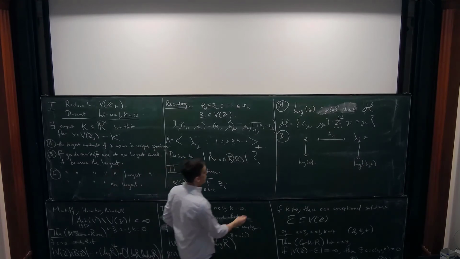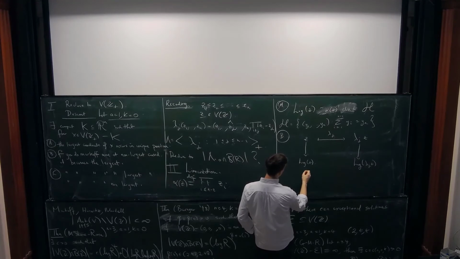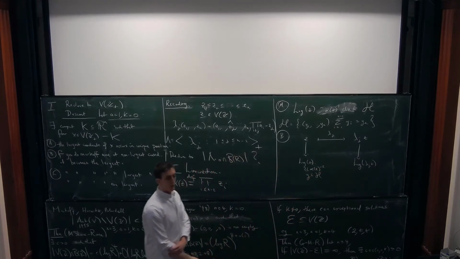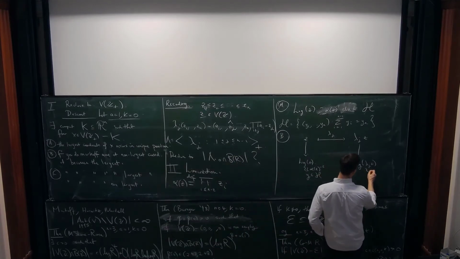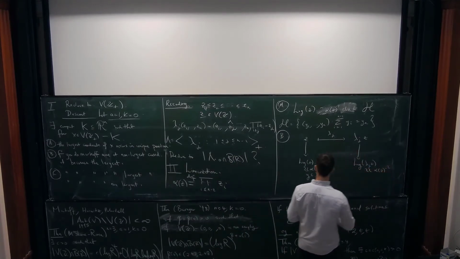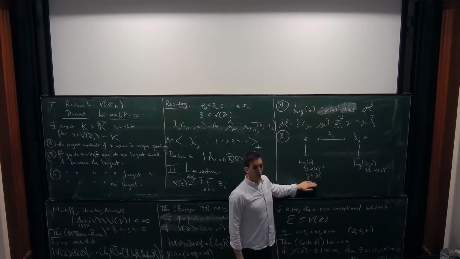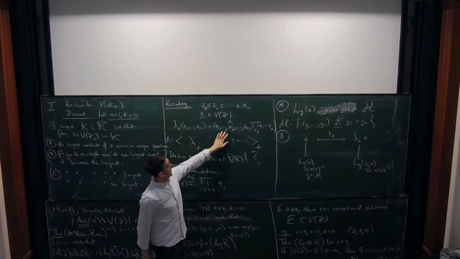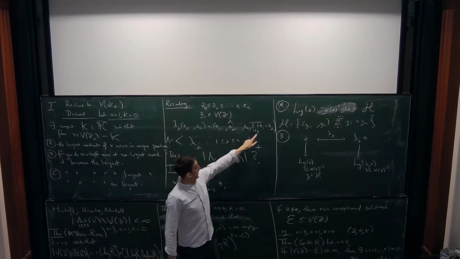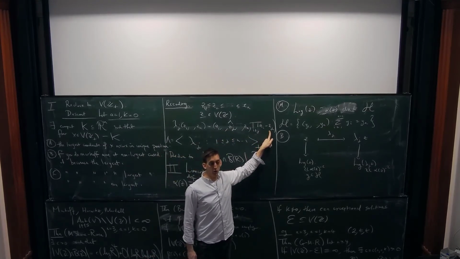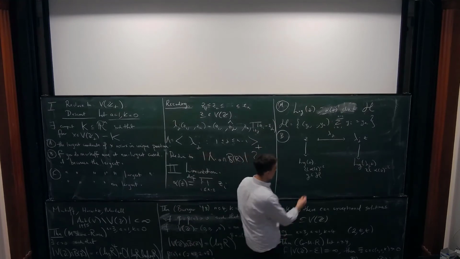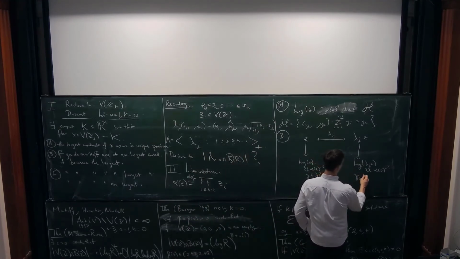So if I know that this is close, on the scale of alpha z to the minus 2, to a point y in h, then this is actually close, on the scale of alpha z to the minus 2, to some linear transformation of y.